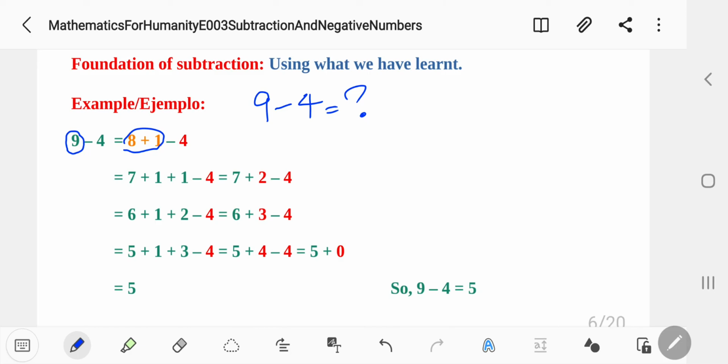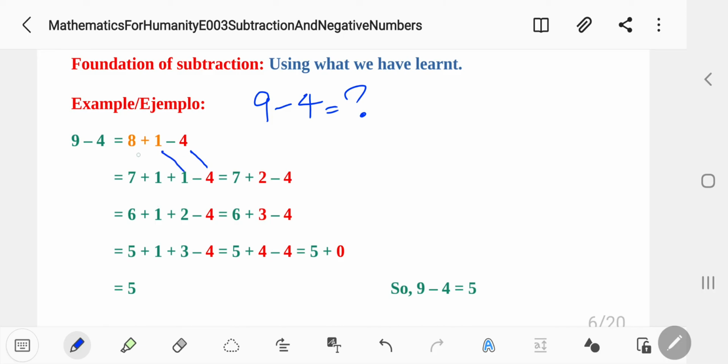that if you add 1 to a number, it gives the next number. So here you are adding 1 to 8, that's equal to 9, right? So you can write 9 as 8 plus 1, and you have minus 4 here. Then you can write down the 4 here and the 1 here.